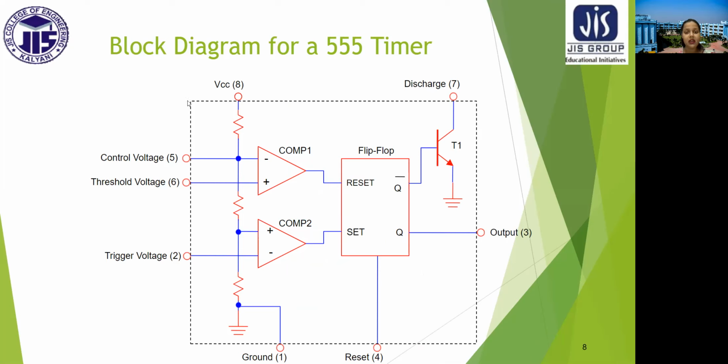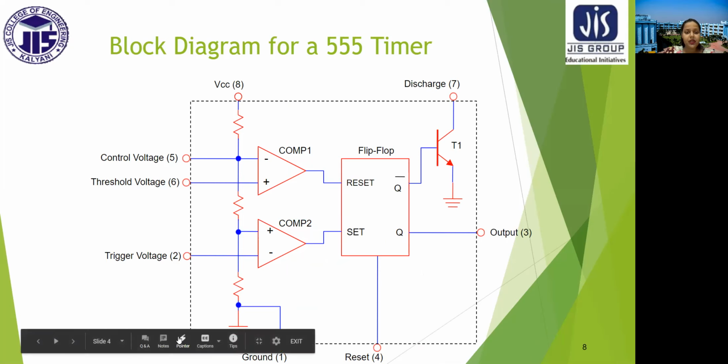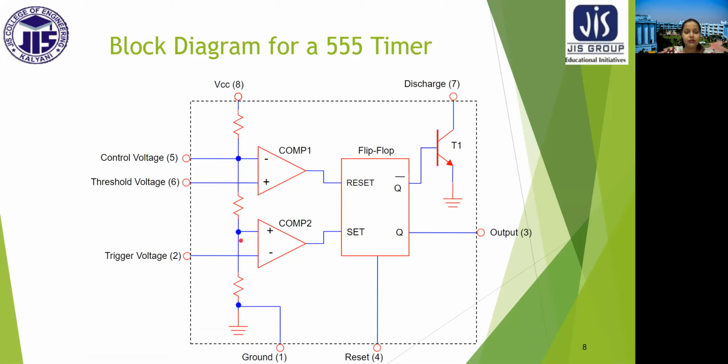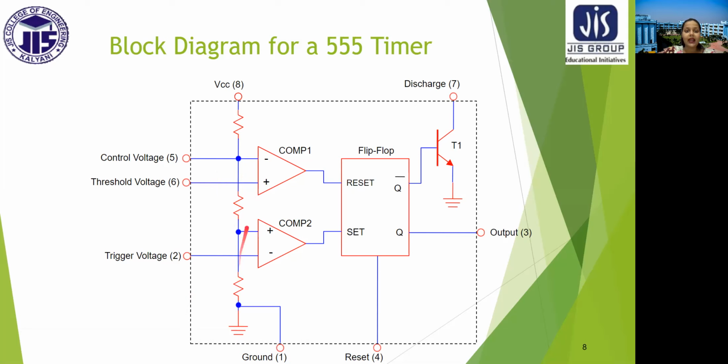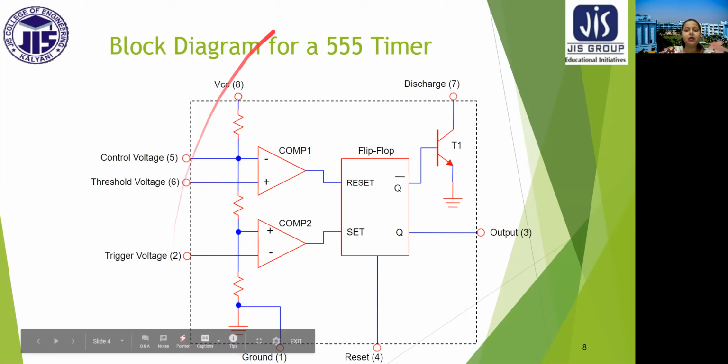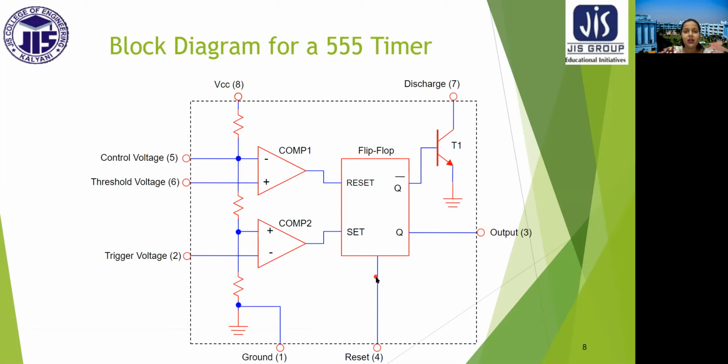The reason is, we can see here three resistors are connected in series, resistor number 1, 2 and 3. These three resistors are of value 5 kilo ohm, and that is why this particular circuit is known as 555 timer circuit.